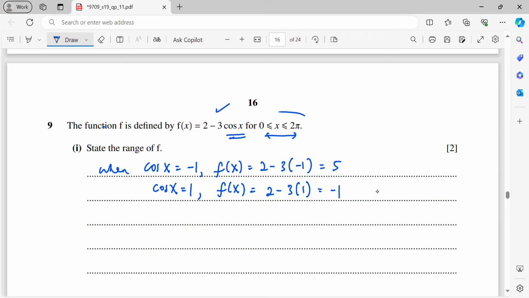Therefore, for this interval, my f(x) is between minus 1 and 5. And that is my range of f. So it's inclusive of both values because the interval includes 0 and 2 pi. So that's all for the first part.